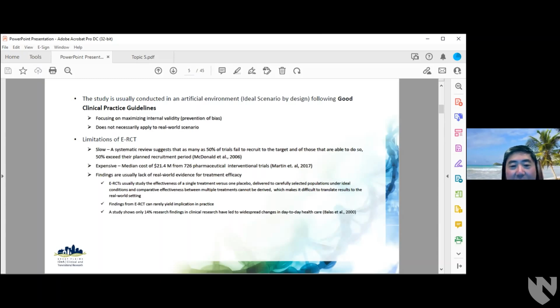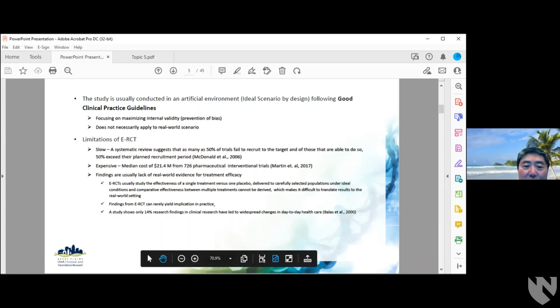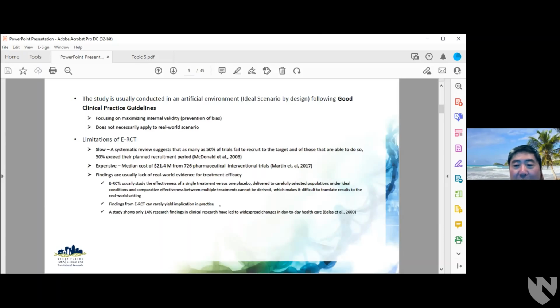The median cost of 726 pharmaceutical intervention trials we summarized in 2017 was more than $21 million.